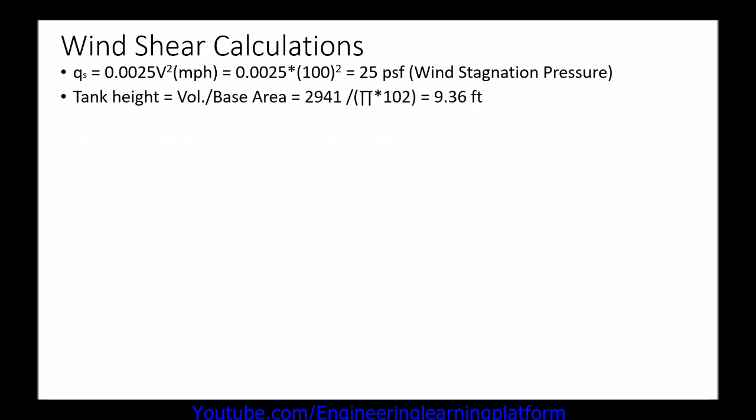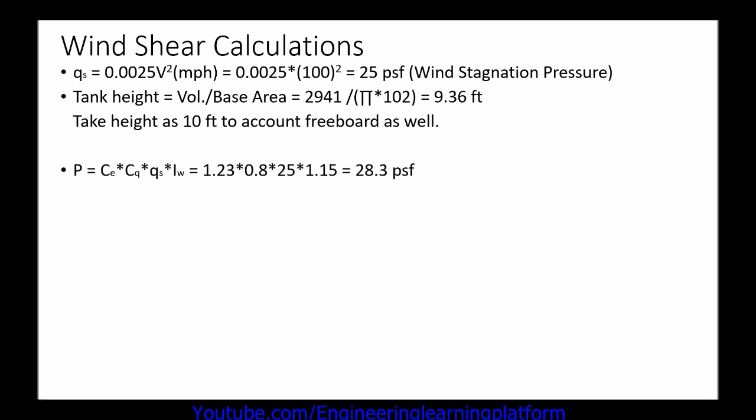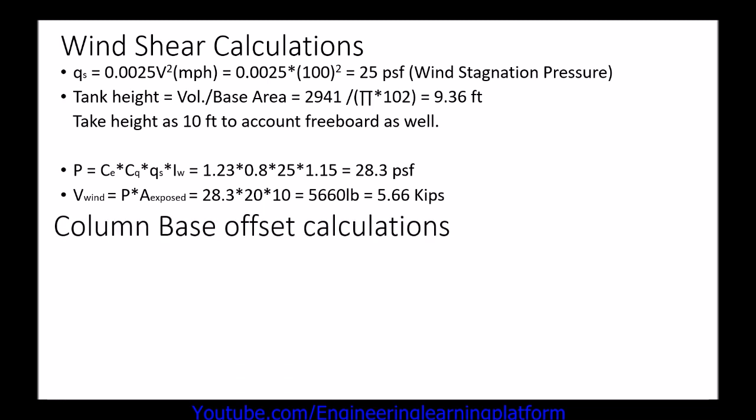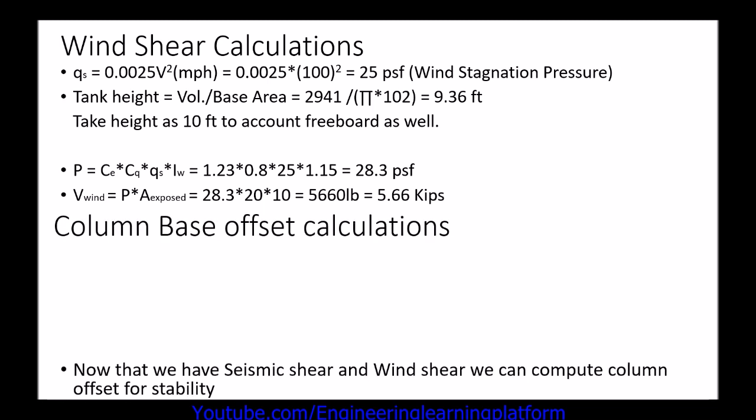Tank height is approximately volume divided by the base area, that is 10 feet. Actually it's mistakenly written 102. Take tank height as 10 feet around to account for freeboard as well. The pressure comes out to be 28.3 psf, which gives a roughly shear value of 5.65 kips.